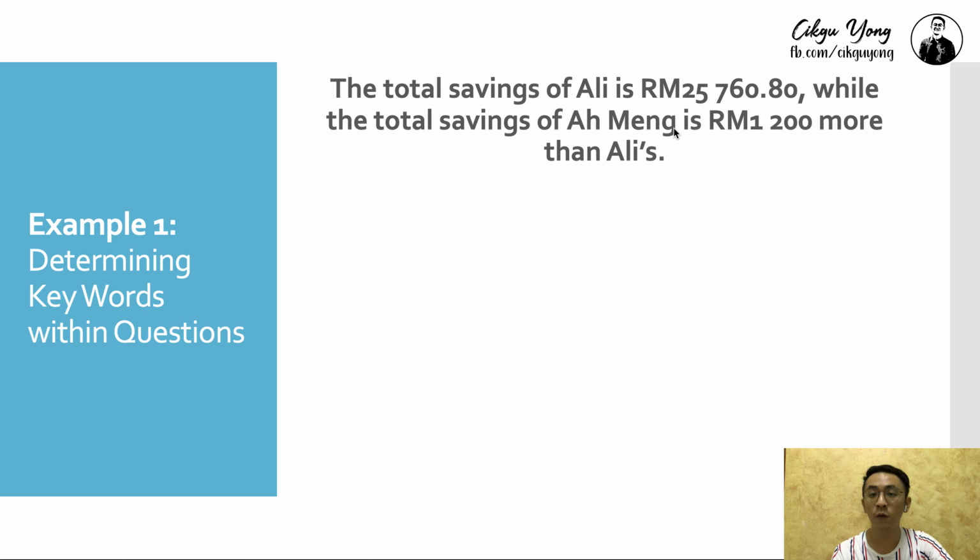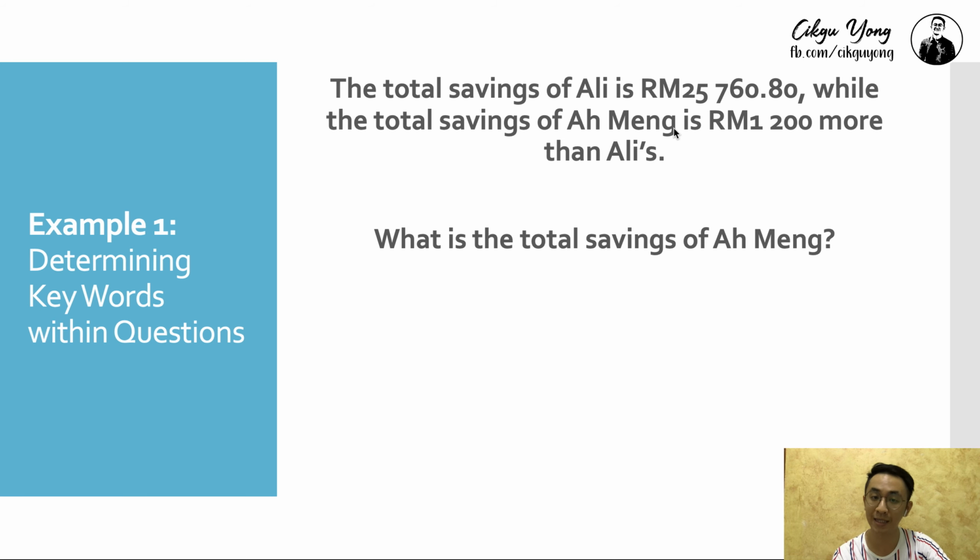The total savings of Ali is 25,760 ringgit and 80 cents, while the total savings of Aming is 1,200 ringgit more than Ali's. And the question is asking you what is the total savings of Aming. Within this video, we are going to find ways to look for our keywords within questions.